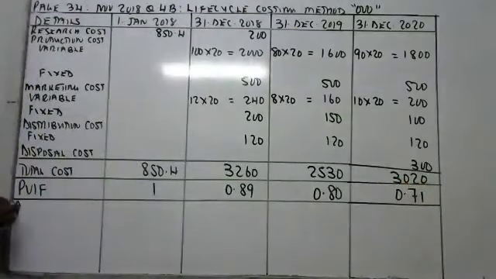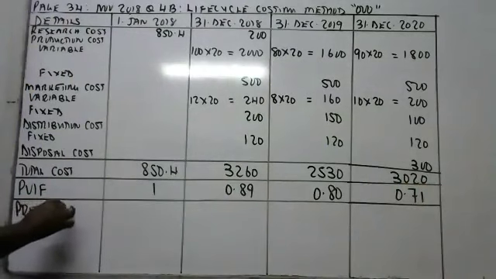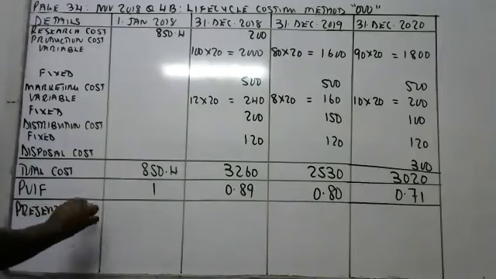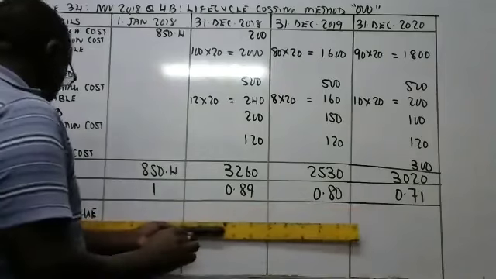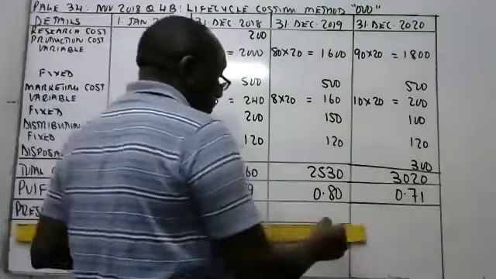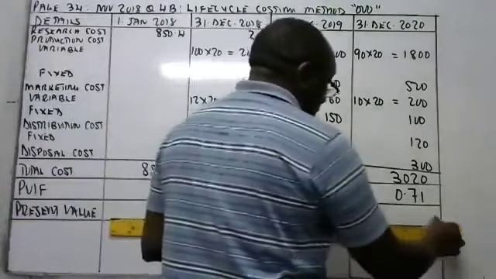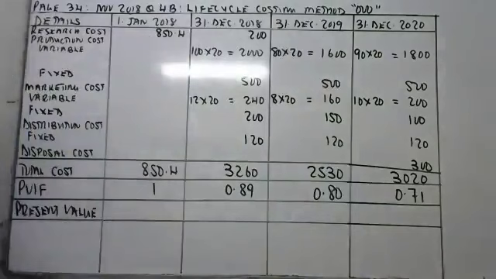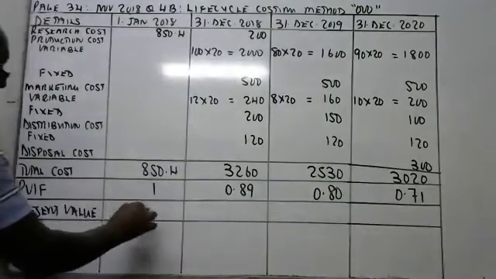Then present value. So this one is 850.4.